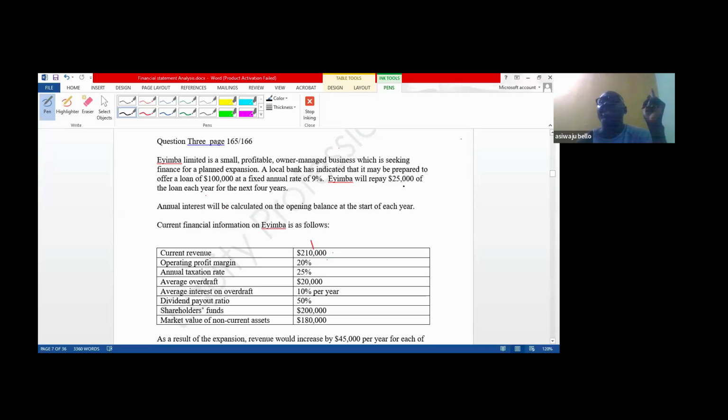Enyimba will repay $25,000 of the loan each year for the next 4 years. So Enyimba will obtain a loan of $100,000 and repay $25,000 each year for the next 4 years.